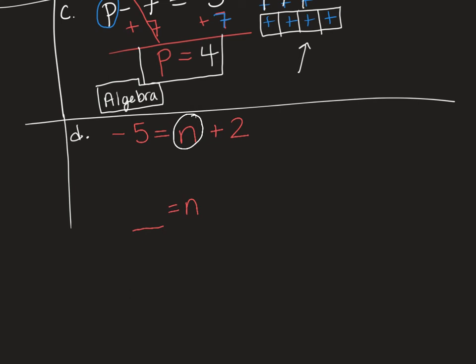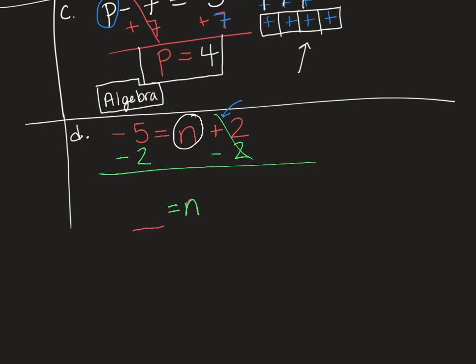Now, what's keeping n from being by itself? This plus 2. So what's the opposite of plus 2? Minus 2. And what I do on one side, I do to the other. And then let's solve. 2 minus 2, that's 0. I'm left with n equals negative 5 minus 2.